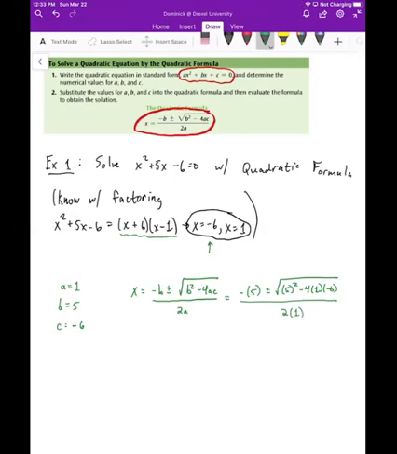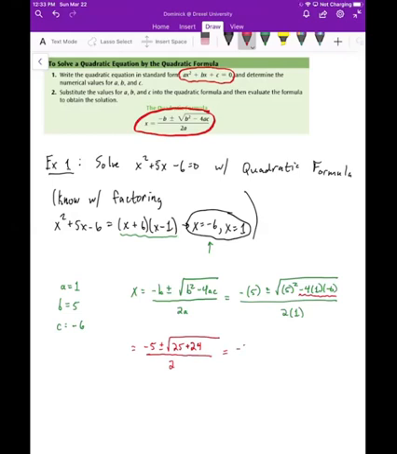Now we just need to simplify. A negative in front of a 5, we can just make that -5. Then we have plus or minus 5 squared, which is 25. And then this -4 times 1 times -6, once we multiply them together, we'll get a plus 24. And then all over 2 times 1, which is just over 2.